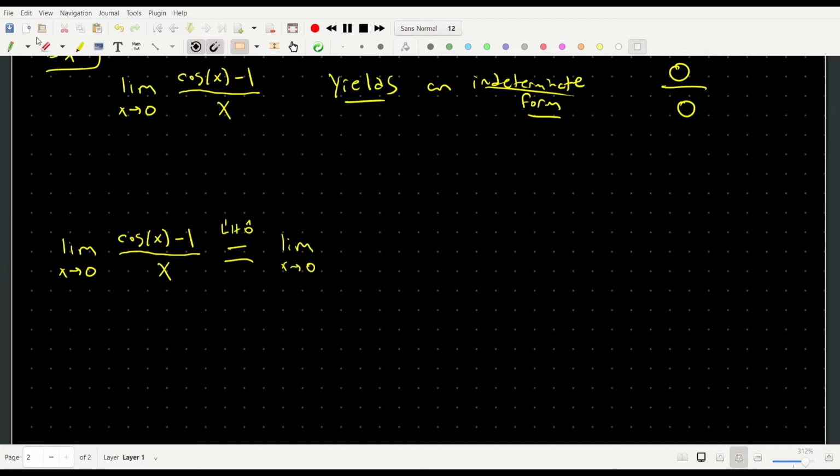I'll put over on the side here the calculation of these two derivatives.